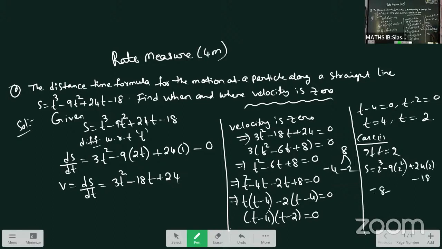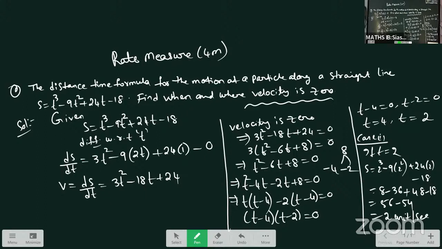So 8 minus 4 nines is 36, plus 24 into 2 is 48, minus 18. Now 8 plus 48 is 56, minus 36, minus 18 is 54. So distance, what are we getting? 2. Whenever the distance is there, you can write meter or generally units per second.